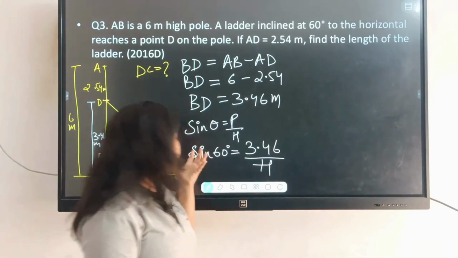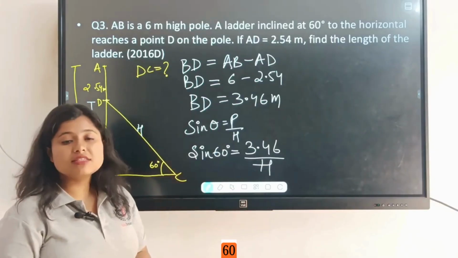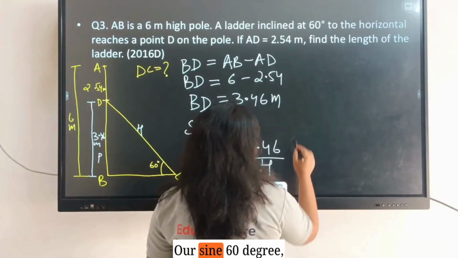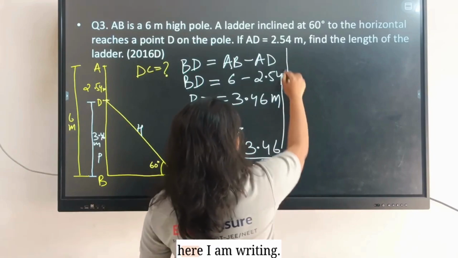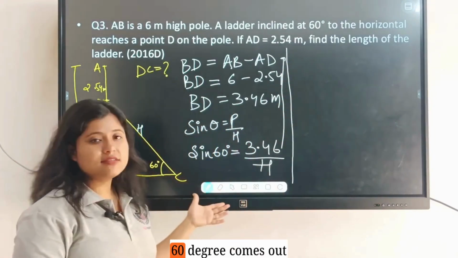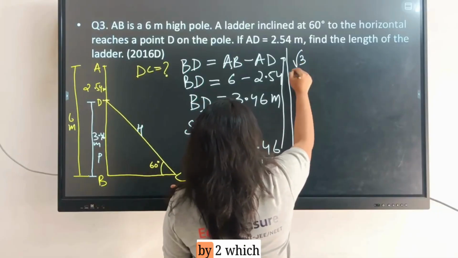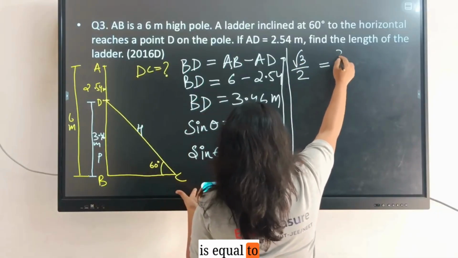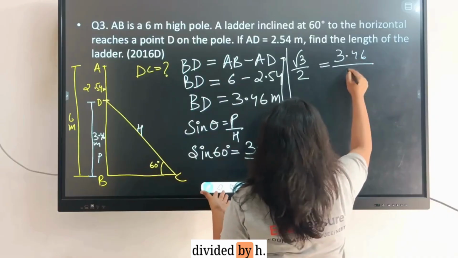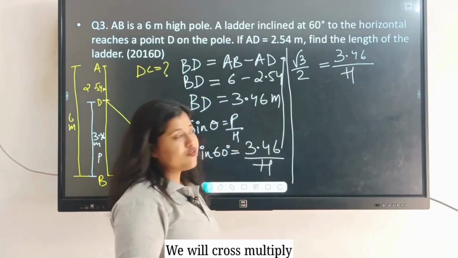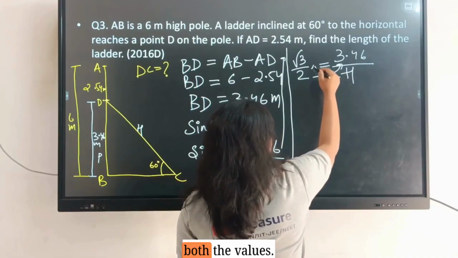So what does our sine 60 degrees come out to be? Our sine 60 degrees comes out to be root 3 by 2, which is equal to 3.46 divided by h. Now we will cross multiply these both values.